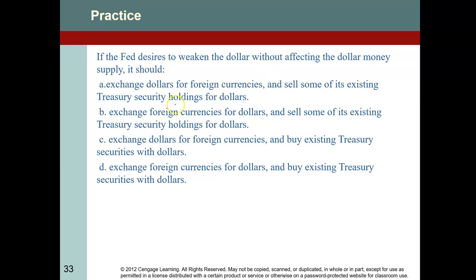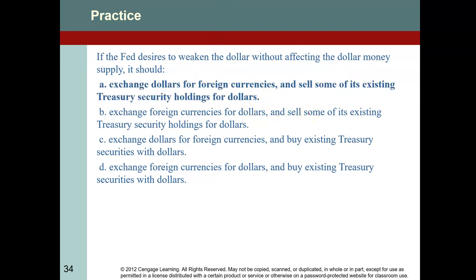So besides doing something in the exchange markets, we will also do something to the money supply. So this is a sterilized intervention. And the right answer here should be A.